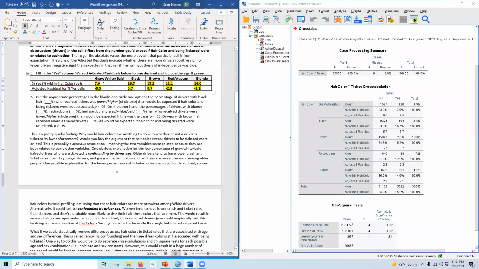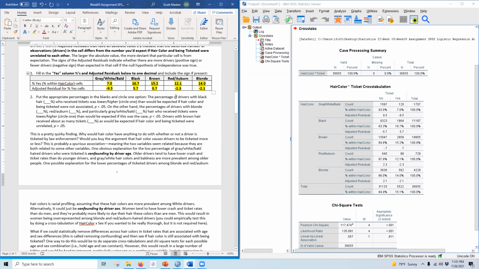All right. So let me highlight it. So what does this all mean? Good question. Remember, it's statistically significant. The chi-square tells us there is a relationship between hair color and odds of getting a ticket. Where these are 2 or bigger, it tells you that cell is different, and you look at the sign. If it's negative, that cell was lower.